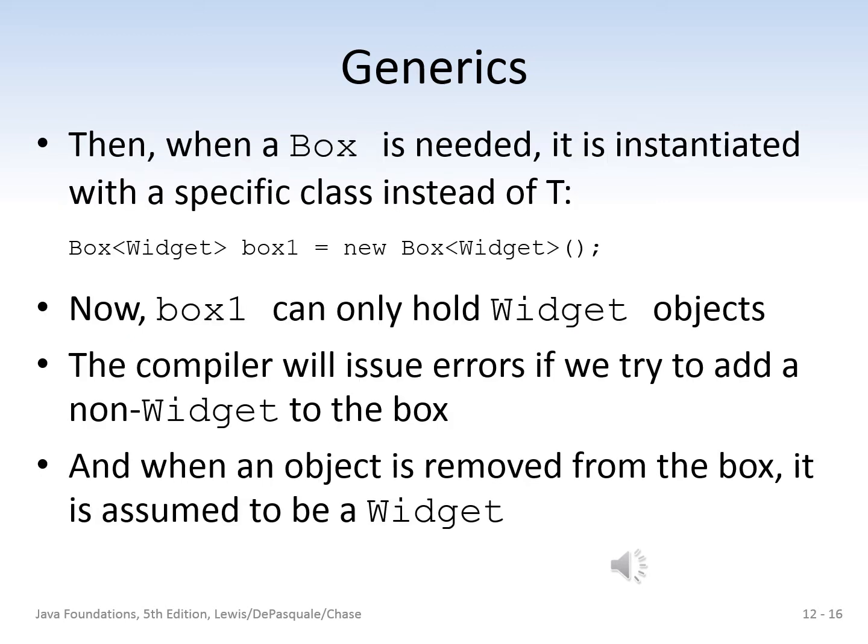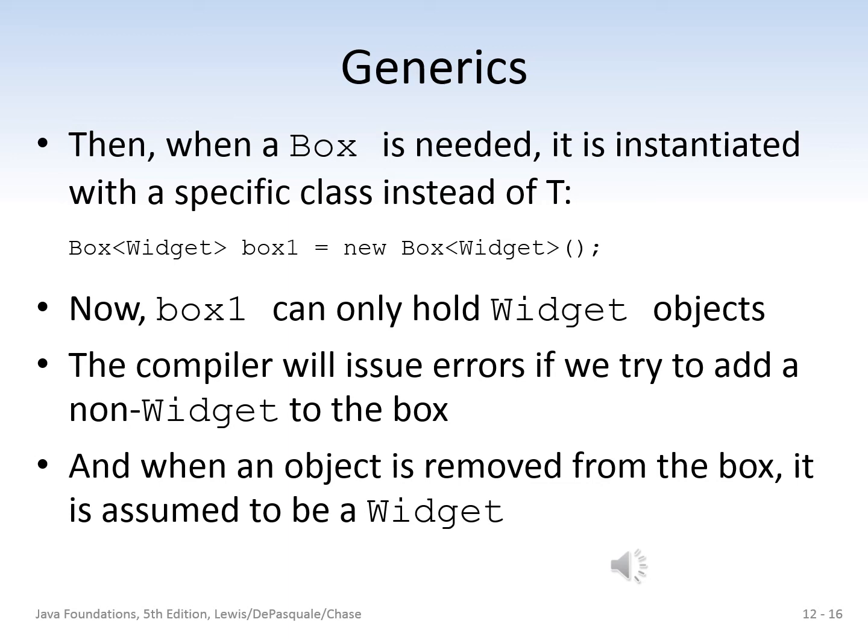Then, when we need a box, an object of the Box class, it's instantiated with a specific class, in this case Widget, instead of the T. So Box<Widget> box1 = new Box<Widget>. I'm sorry, box1 is the object reference variable.